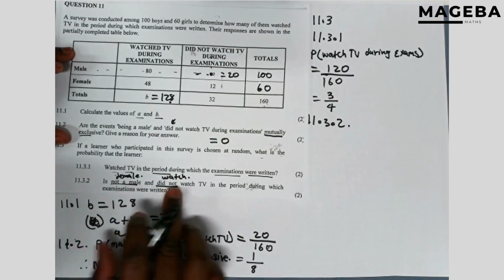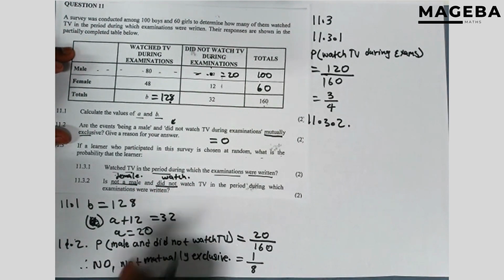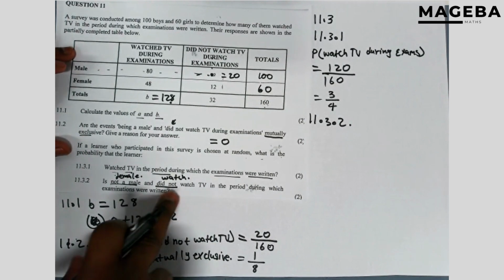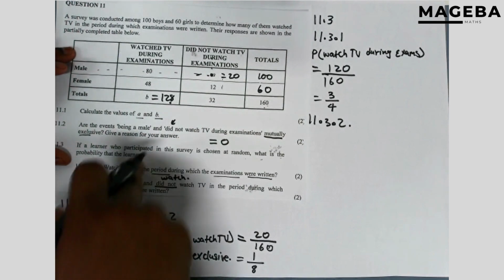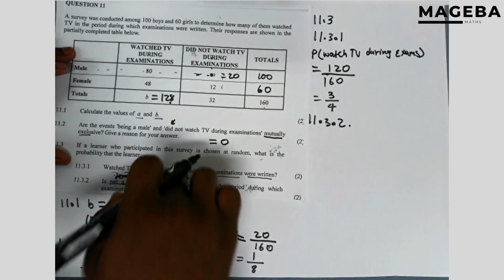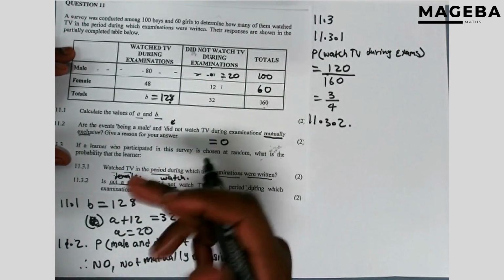I hope you see the trick in this question. That's what they want. If it's not a male, then it's a female. If it didn't watch TV, then it did watch TV. Then they want the opposite of that.